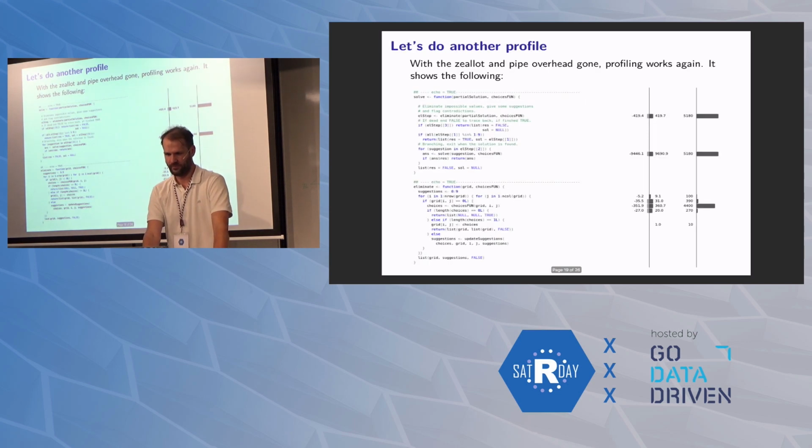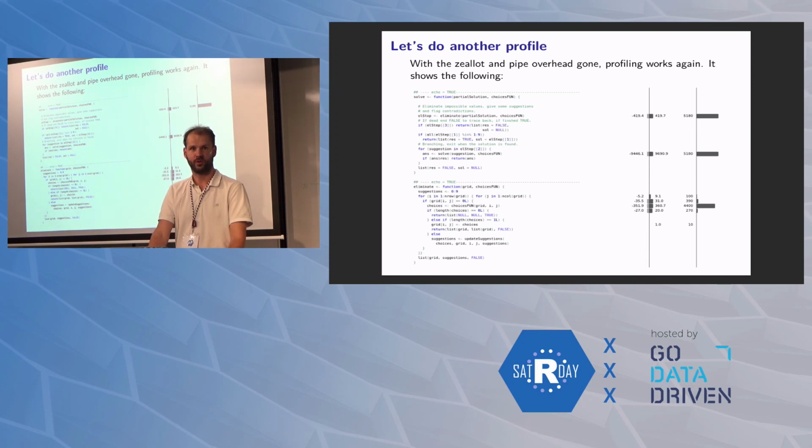So what do we do? Well, we start the profiler now. After the removal of the operators, profvis works again, and you see this. I'm not sure how familiar you are with this picture, but basically the bars show the amount of time taken.